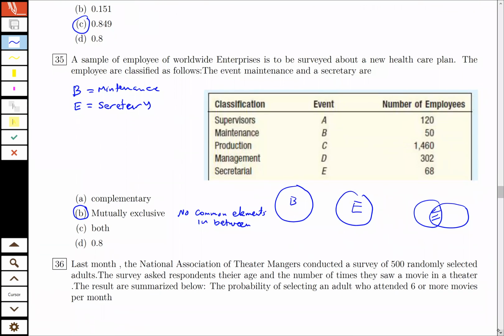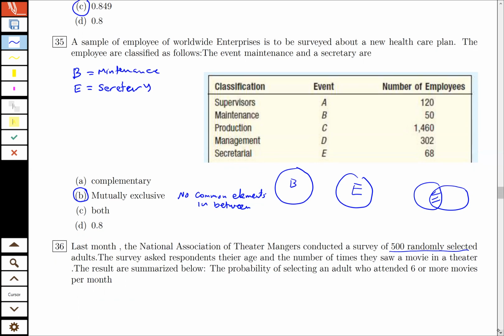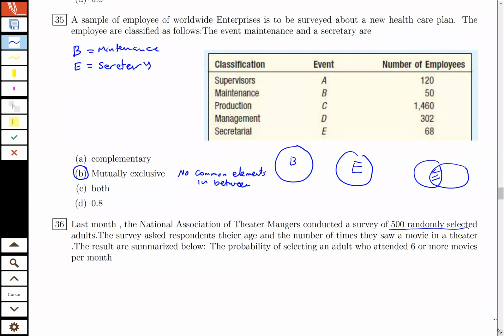The next question says the National Association of Theaters selected 500 people. They were surveyed and asked about their age and the number of movies they have seen last month. They give you a summary table here.